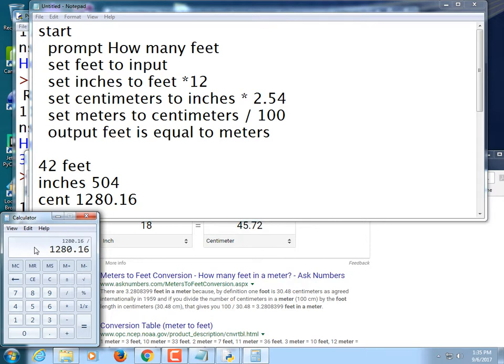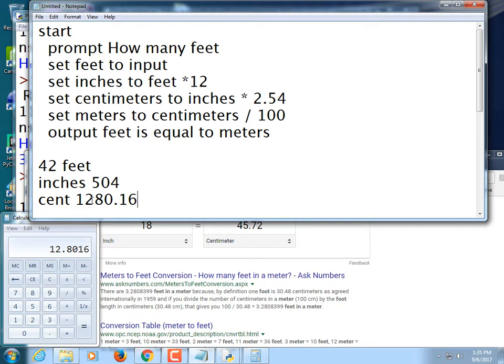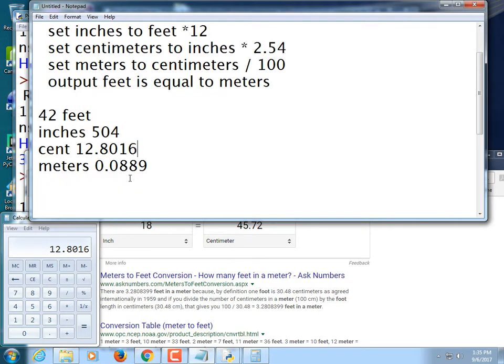Then divide that by 100. 12.8016. Oh, I did it on the wrong line. Whatever I just did, I screwed it up. How many centimeters was it? 1280. I can't believe I wrote it wrong.